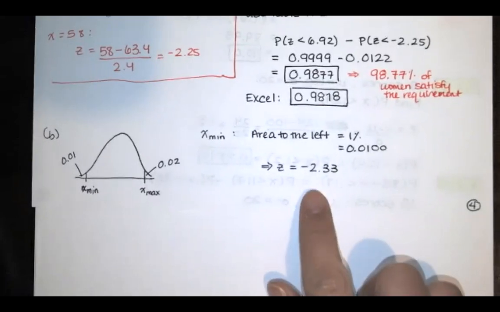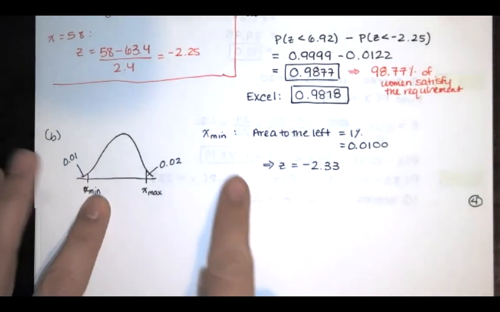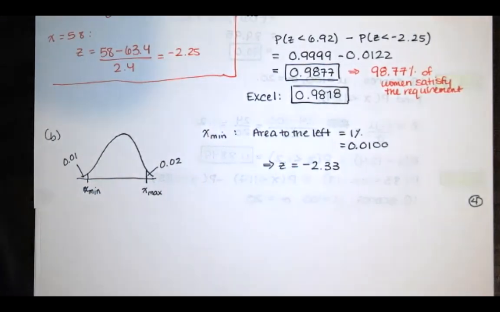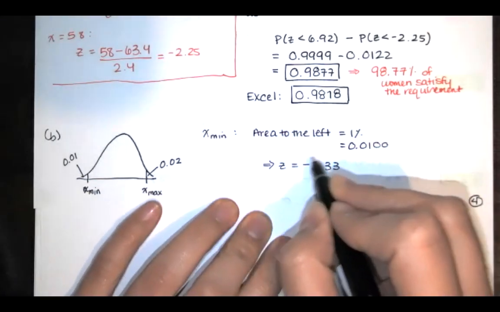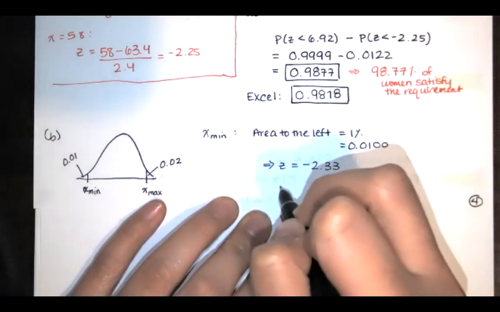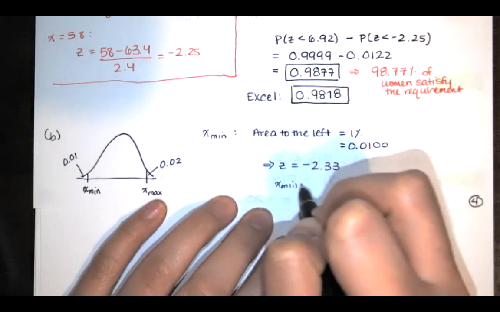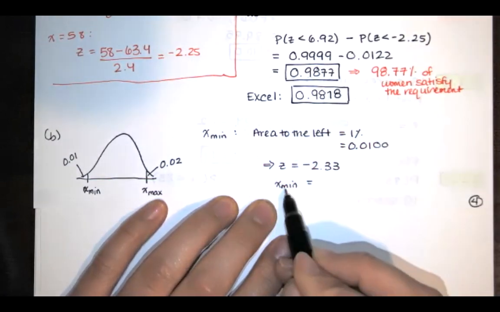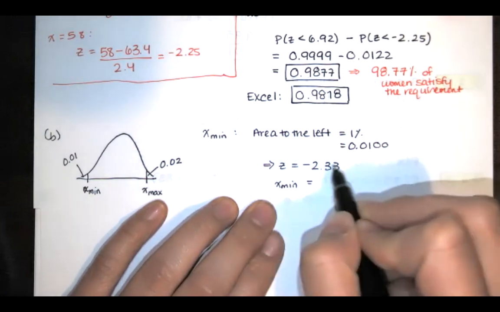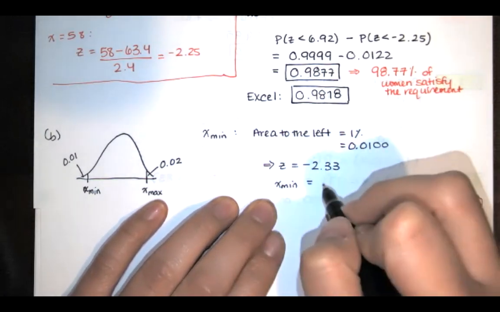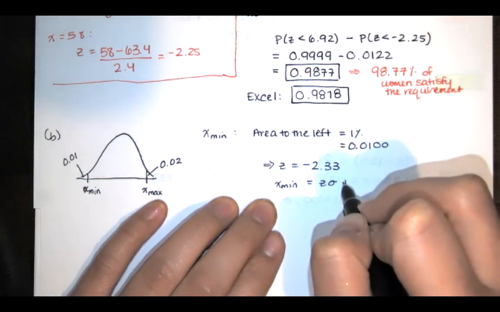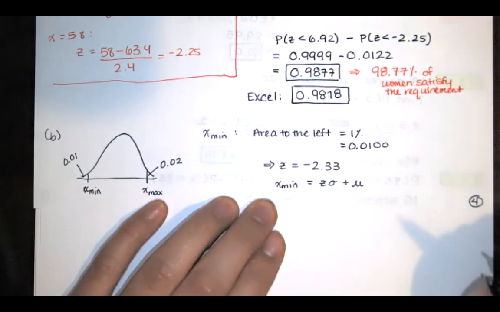Now in order to find the x value that goes with this, we've got to convert. This is a number of standard deviations below the mean. So we take that number of standard deviations and multiply by the actual standard deviation for the distribution, and then we add the mean.